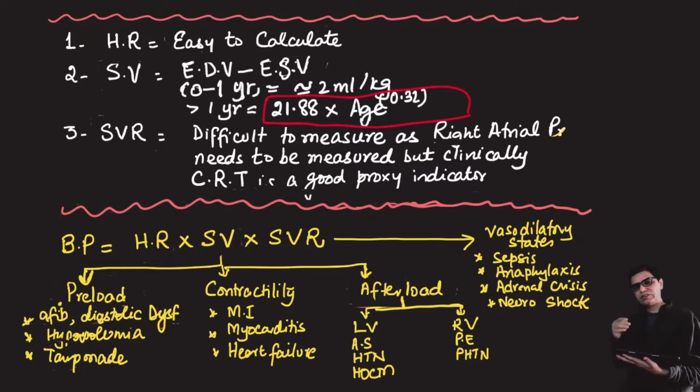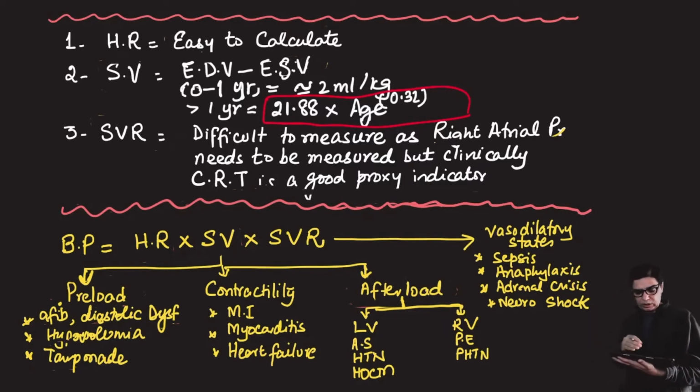For example, for a child who is 3 years of age, the stroke volume would be 21.88 multiplied by 3 raised to the power 0.32. So 3 raised to the power 0.32, I think, is equal to 1.4. If you multiply 1.4 with 21.88, you get around 30 or 31 mL. So that 30 or 31 mL is the stroke volume for a child who's 3 years old.